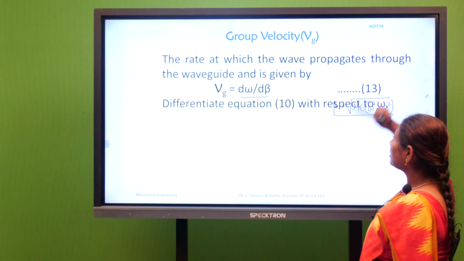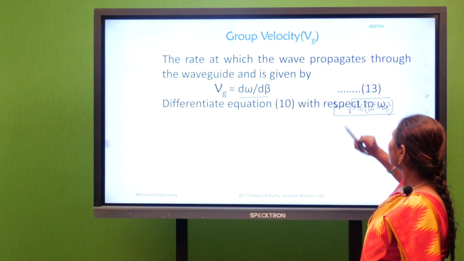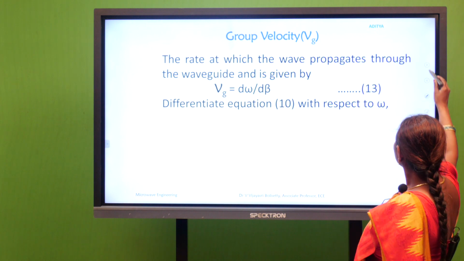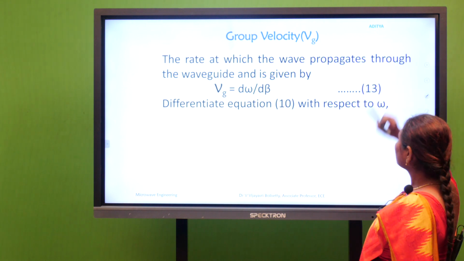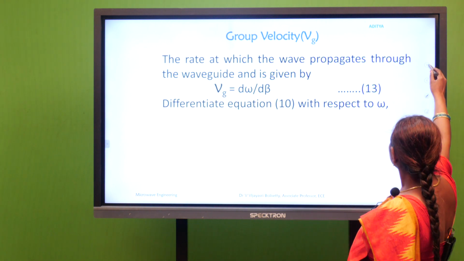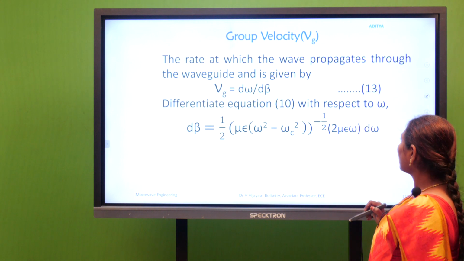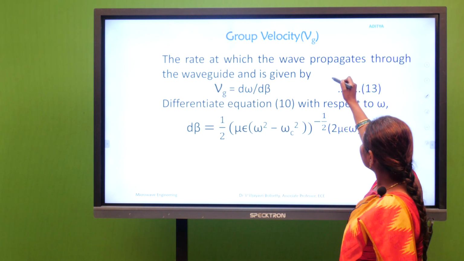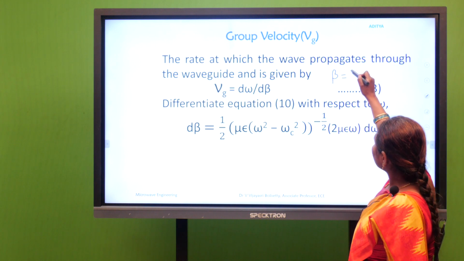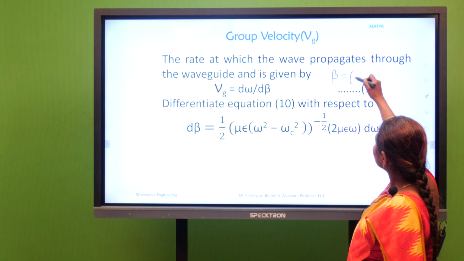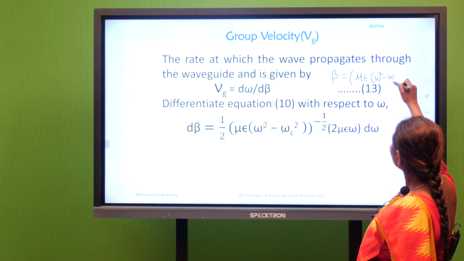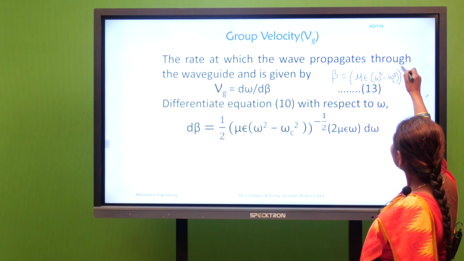So let us differentiate this equation with respect to omega. Okay, then if you take this equation and differentiate it with respect to omega, the equation I will write here: beta is equal to mu epsilon omega square minus omega c square whole power 1 by 2.